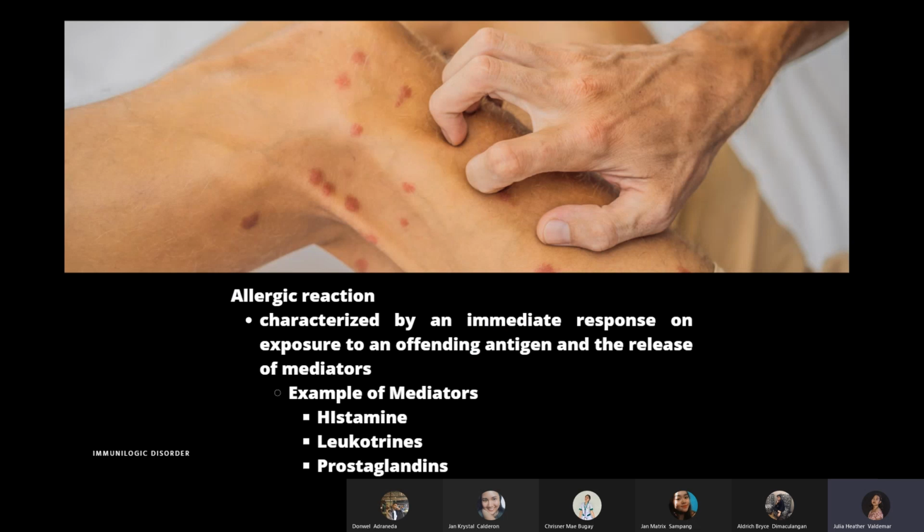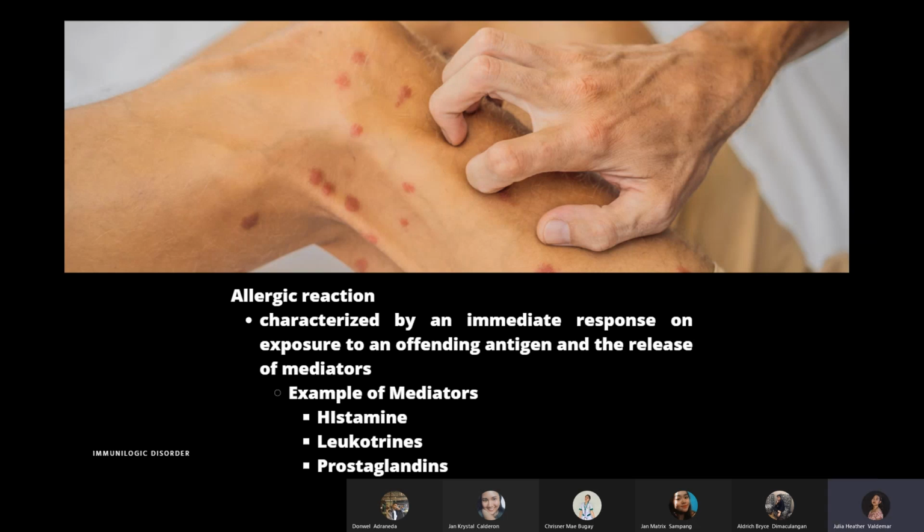So first is the allergic reaction. We are very familiar with allergic reaction. It is characterized by a mediated response on exposure to an offending antigen and the release of mediators, for example, histamine, leukotrienes, and prostaglandins. Allergic reaction is also associated with IgE, but not all IgE is allergic mediated.